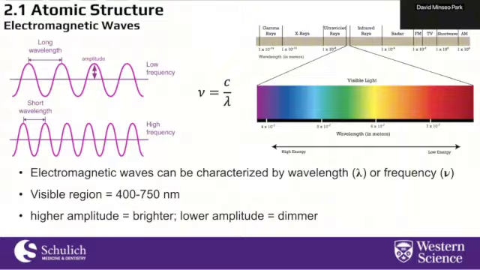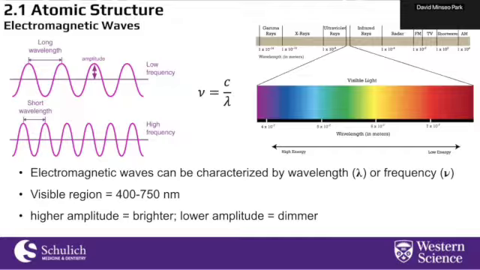And just taking a look at the electromagnetic spectrum there, specifically in the visible region, which is between 400 and 750 nanometers, we know that wavelength increases from left to right, while energy decreases from left to right.